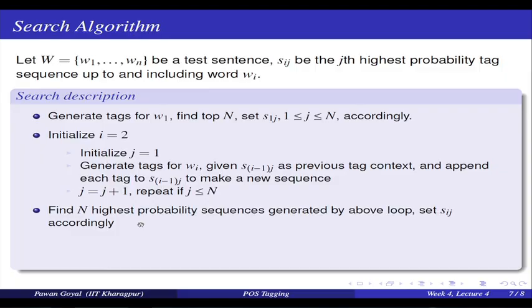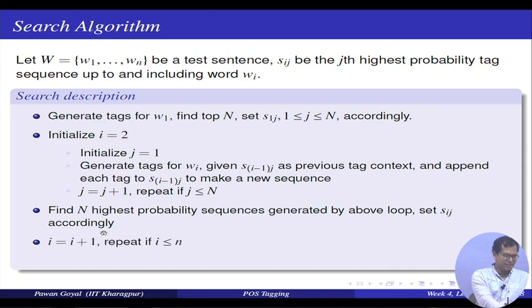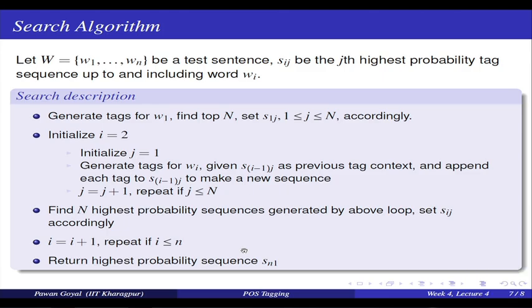Because this sequence contains the tags from the starting, you will find out the part of speech tags just from choosing the best sequence at the last word. And that is your algorithm. So find n highest probability sequences by the above loop, repeat while i is less than or equal to n, and return the highest probability sequence Sn1 for the last word.